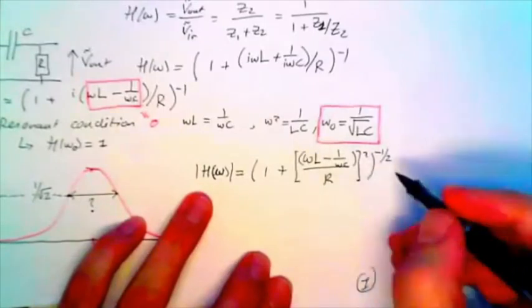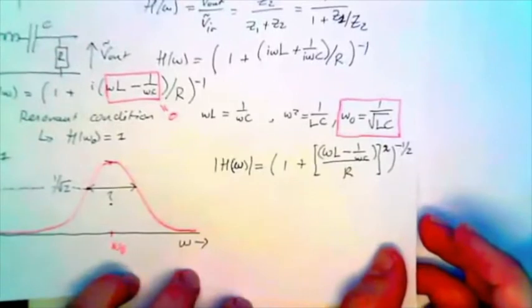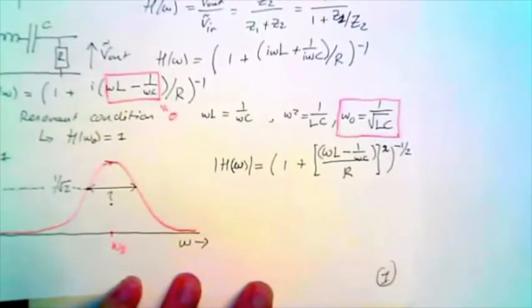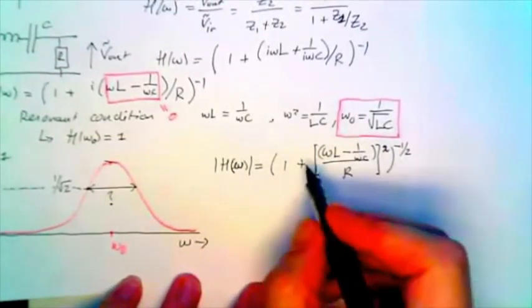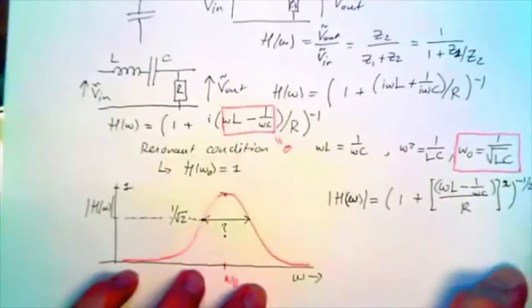That's the transfer function. So that's the square. If we want to know what that width is, we need to solve when this equation is equal to 1 over root 2. So let's do that.